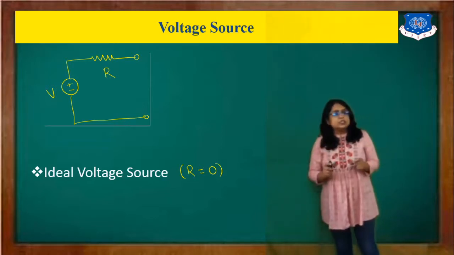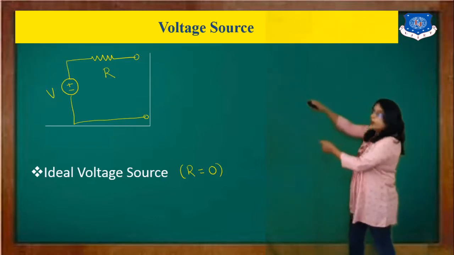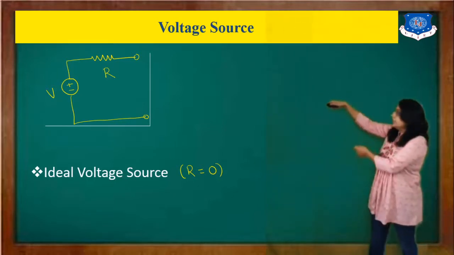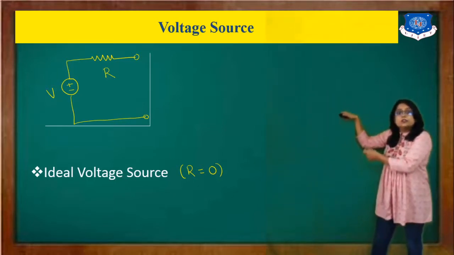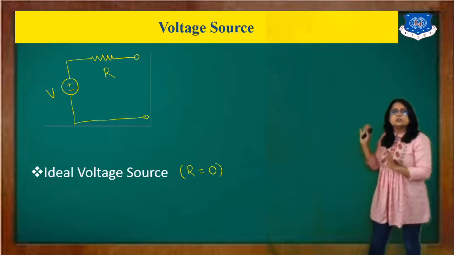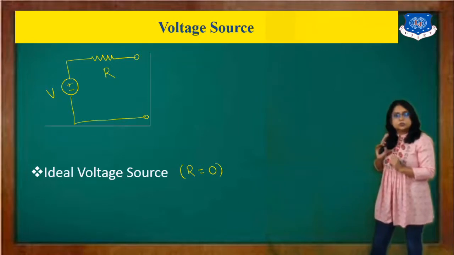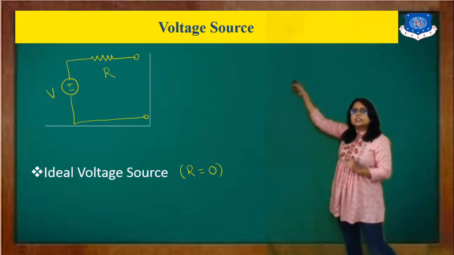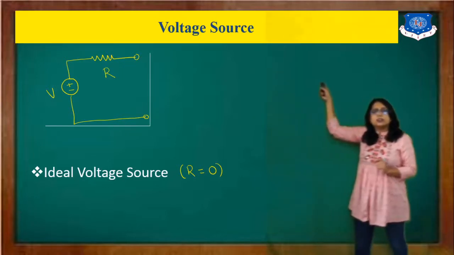If the value of resistor is 0, that means whatever the voltage V is there, that is all together supplied to our load, or whatever the circuit that is connected to that voltage source. Because the value of resistance is 0, nothing is there, so just like a short circuit.